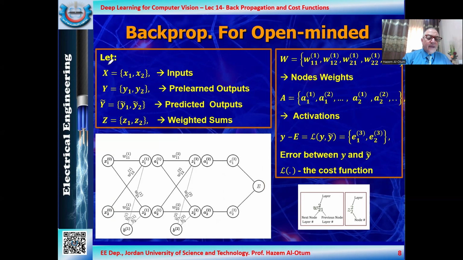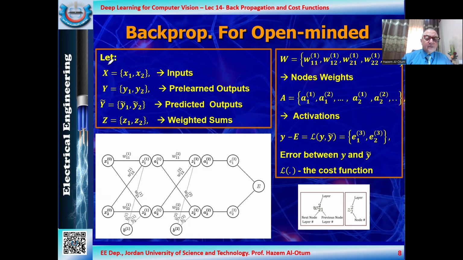Y dash or y hat is equal to y1 dash and y2 dash, or hat. This is the predicted outputs. This is the targeted outputs that we will try to obtain, if possible, of course.